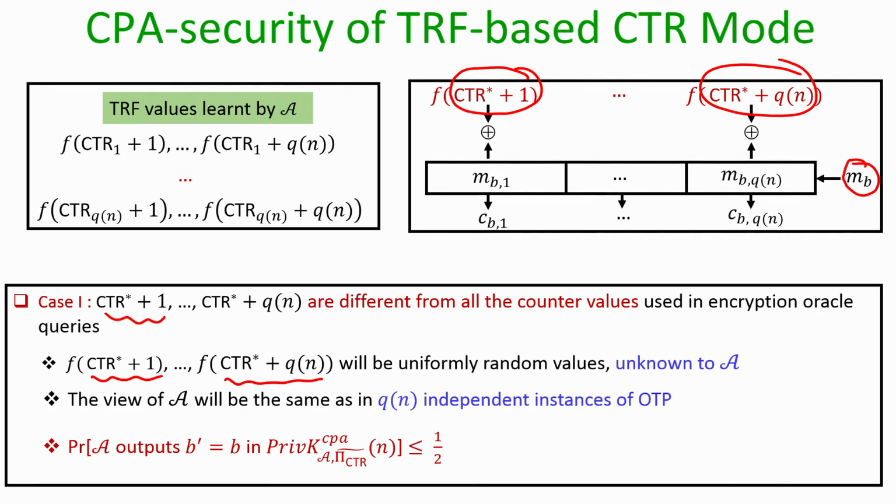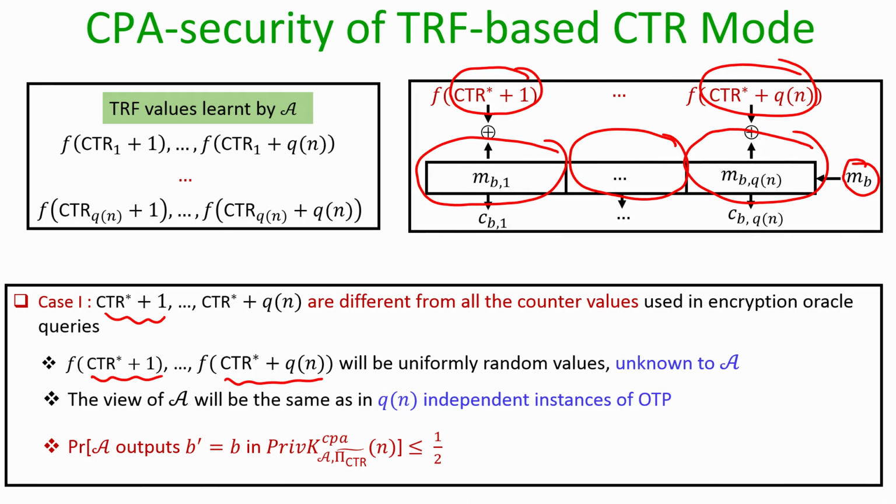So, from the viewpoint of the adversary, his view is as good as if he has seen qn independent instances of OTP, namely the first block is encrypted by running an instance of OTP where the pad is completely unknown to the attacker. The second block of MB is encrypted again using a truly random pad unknown to the attacker, and similarly the last block of the message MB is encrypted using a truly random pad unknown to the attacker.